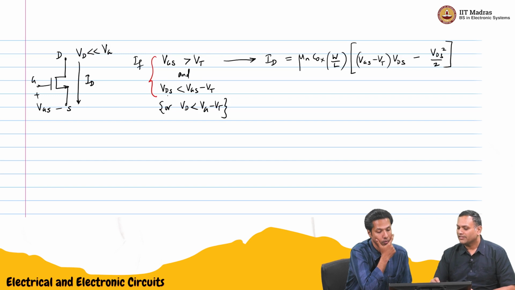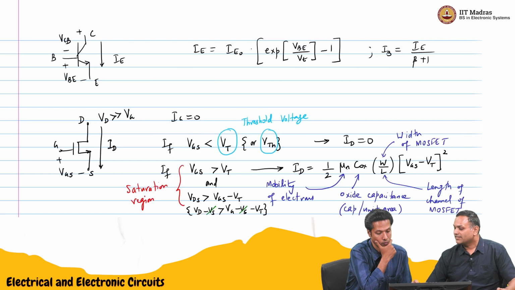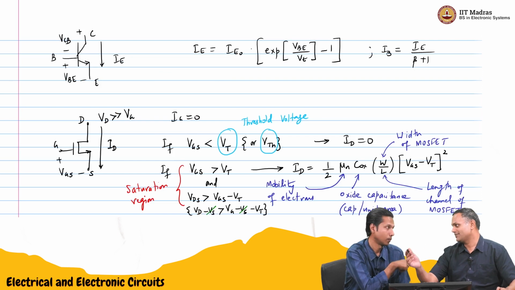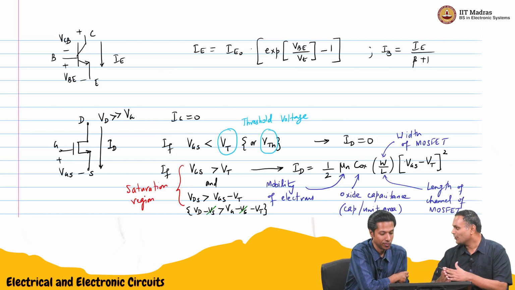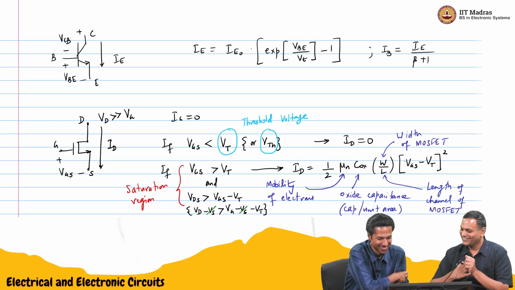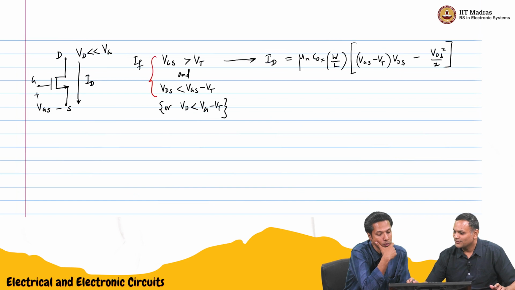In fact, if you set VDS equal to VGS minus VT, you will get half into VGS minus VT the whole square, the same expression. It is a continuous curve. MOSFET operation is not discontinuous, luckily for us.